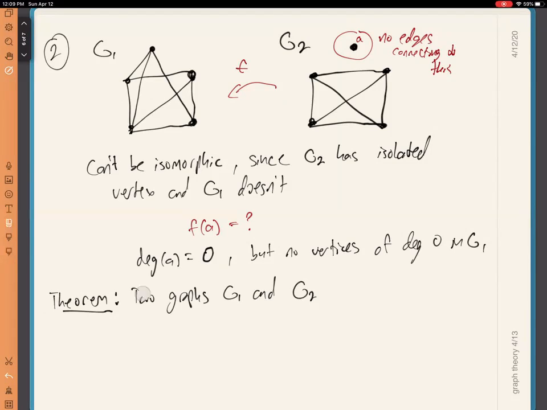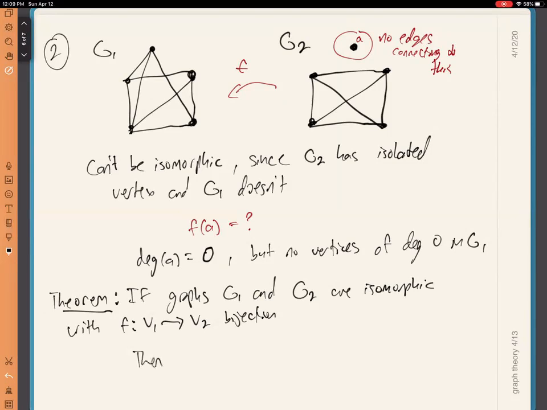Let's suppose that two graphs, G1 and G2, are isomorphic with the function f, the bijection from V1 to V2, which is the bijection that you need for them to be isomorphic.